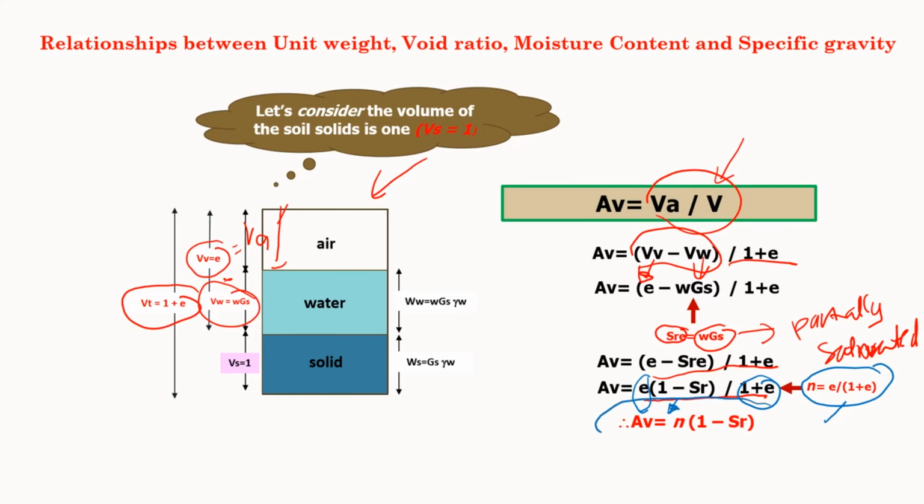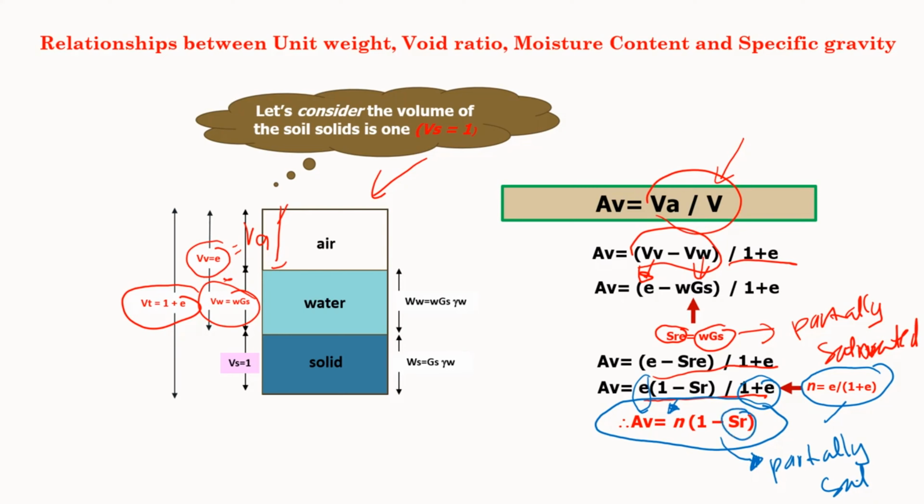Again, be careful: this equation is only applicable if the soil is partially saturated. If the soil is dry, Sr is equal to 0, and this equation can still be used.